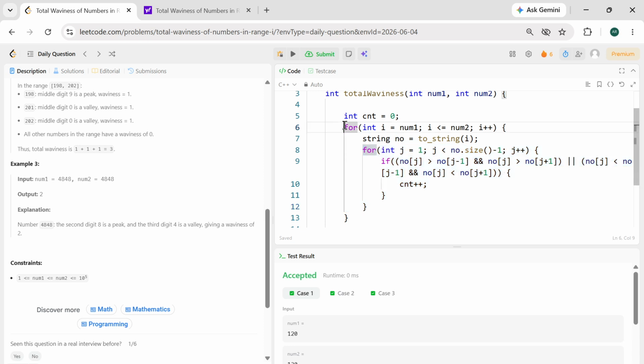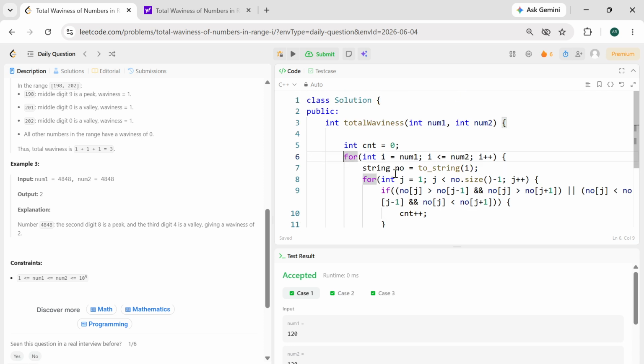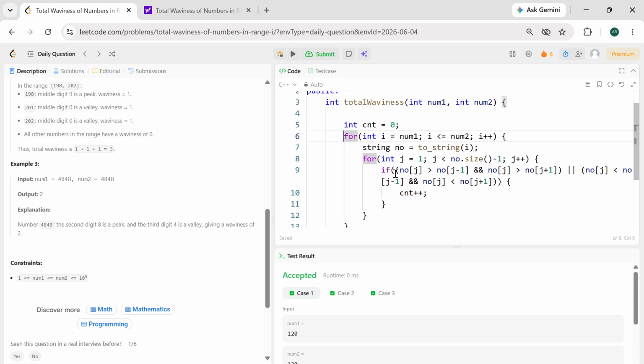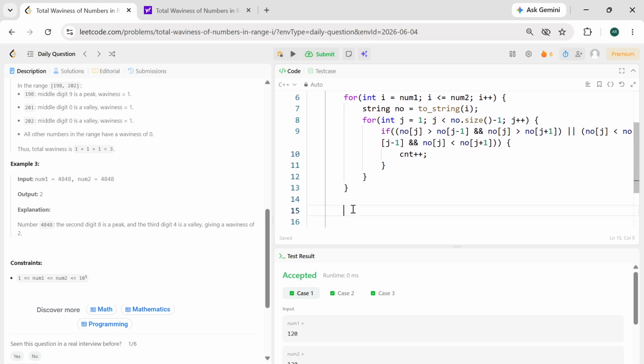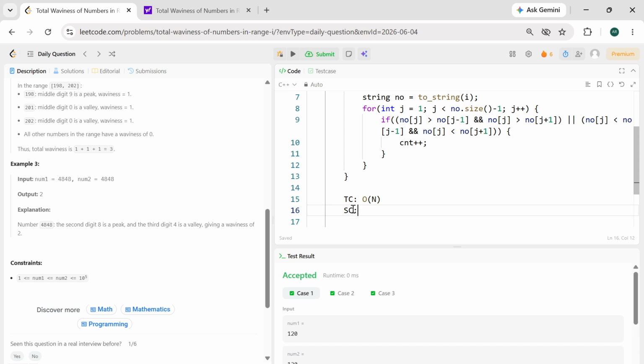So your time complexity is O(n), and your space complexity is O(1) because you are not using any extra space. So I hope you understood this problem and how we can solve it.